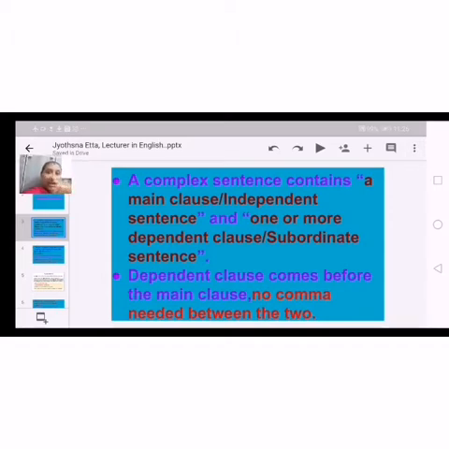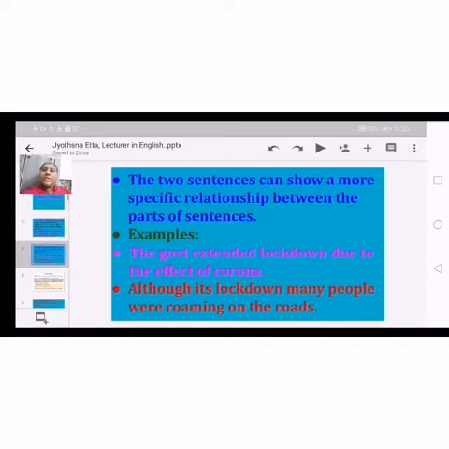In these two sentences also, dependent comes first and independent later. Let's observe some examples. Another point: the two sentences can show a more specific relationship between the parts of the sentence. As I just told you, one is a situation and one could be the reason.